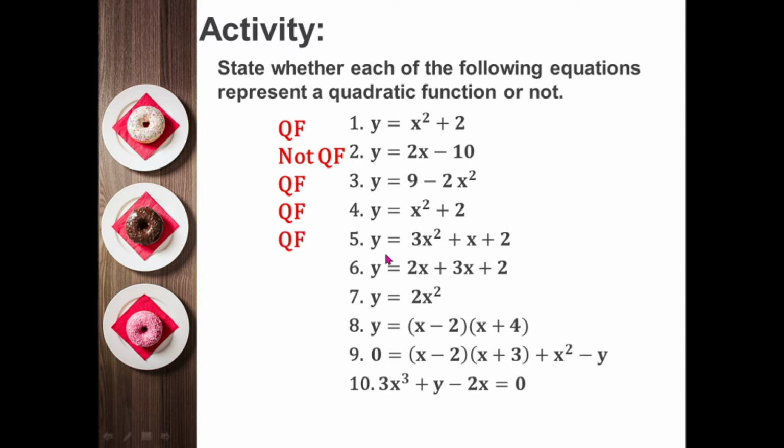As you can see for number 5, we have two terms with variable x. The first term has an exponent of 2, while the second term has an exponent of 1. So since the highest degree or the highest exponent is 2, we have a quadratic function.